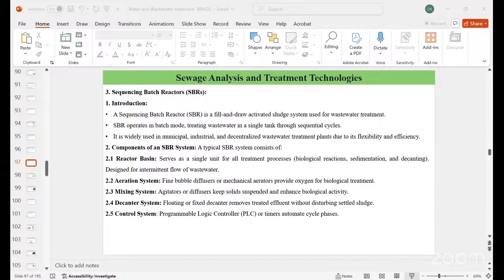Then construction and demolition waste, mainly generated from construction, renovation, and demolition activities, which includes concrete, rubble, wood, metals, and asbestos. CD waste can pollute water mainly through sediment runoff, leaching of heavy metals, and physical debris entering the waterways.